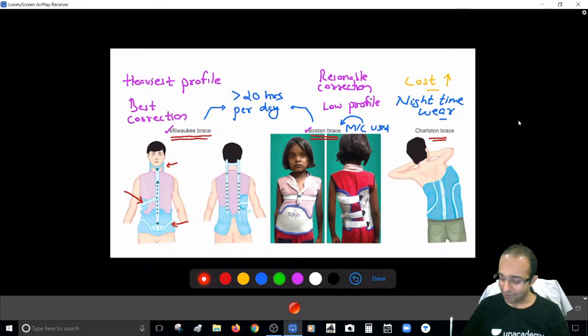So by and large, most popular among the orthopedic surgeons tends to be the Boston brace. So that's what we are in the habit of advising. Even if you see this patient here, look at the profile, so comfortable, can be worn for 20 hours a day, but this Milwaukee brace, difficult. So these braces are what we opt for in those scenarios where we want to proceed with the conservative treatment after the calculation of the Cobb's angle and the Risser's grading.